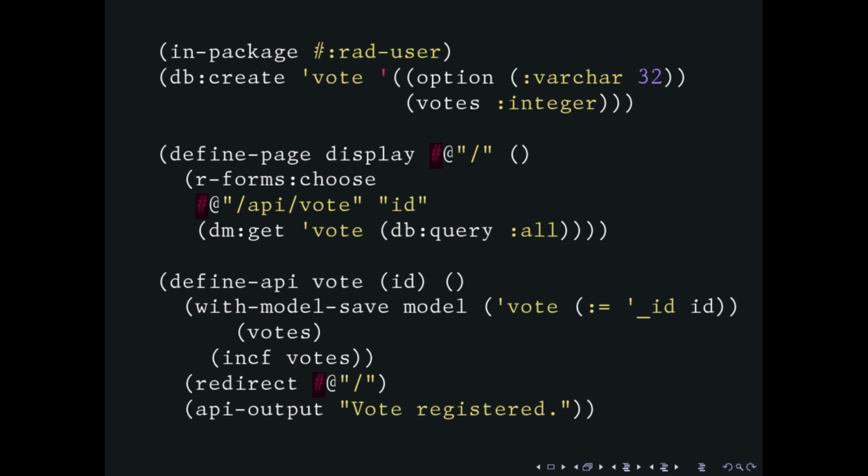We use our forms, which allows us to compose a very simple choose listing from a set of database return values, which we get with dm-get, and then we define an API endpoint, which is used to increase the vote counter on a particular option and then just redirect back to the display page.